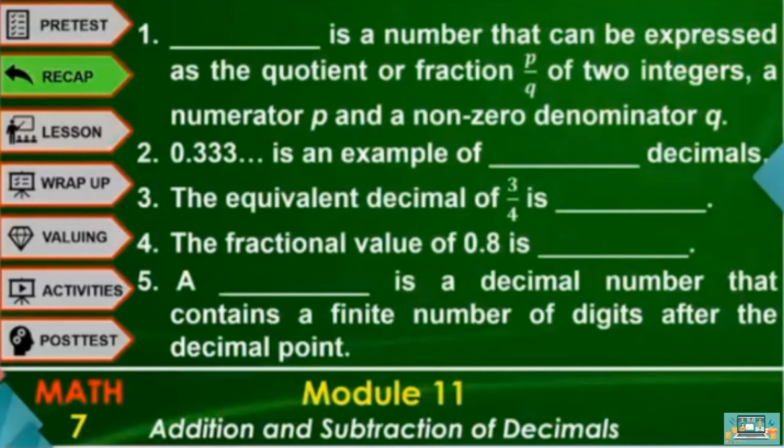This repeating decimal is an example of blank decimals. 3. The equivalent decimal of 3/4 is blank. Number 4. The fractional value of 0.8 is blank. And number 5, the blank is a decimal number that contains a finite number of digits after the decimal point.